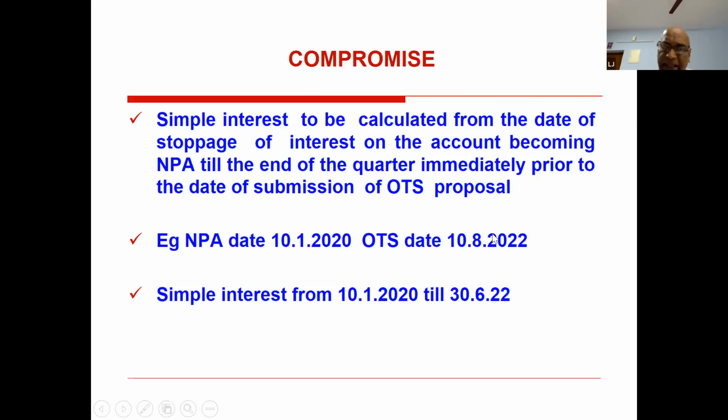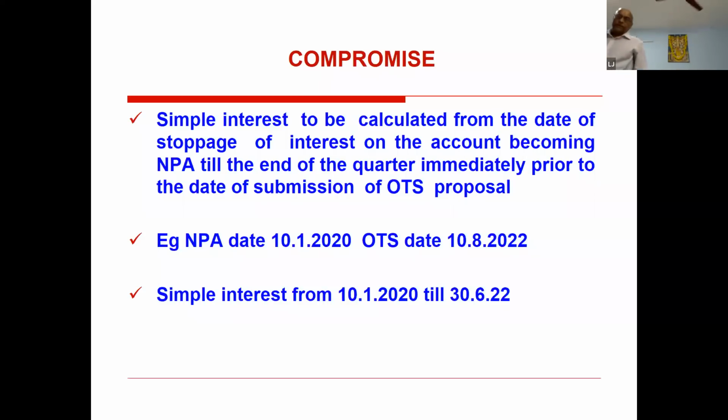Not till the OTS date, but till the end of the previous quarter, the quarter in which the OTS proposal is submitted. It is sufficient. You calculate the interest from 10/1/2020 till 30/6/2022, not 10/8/2022. So you should keep this concept in mind once again.